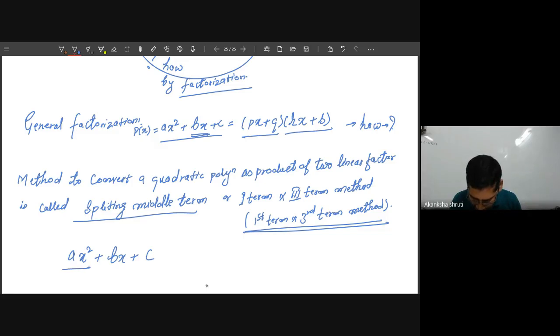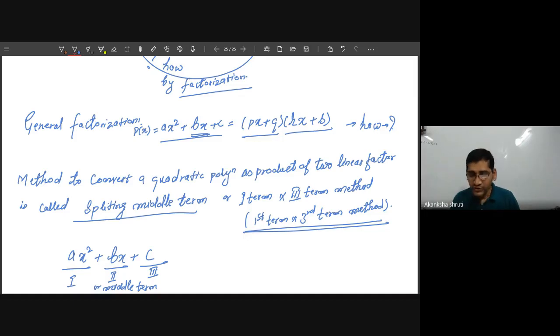Here this is the first term, this is the second term or middle term, and this constant term is our third term or last term. So sometimes it is also called the first into last term multiplication method.